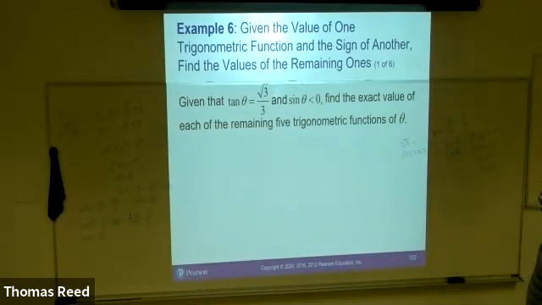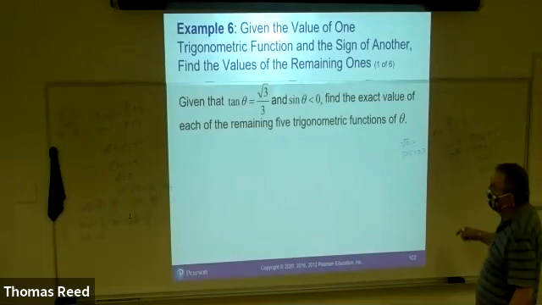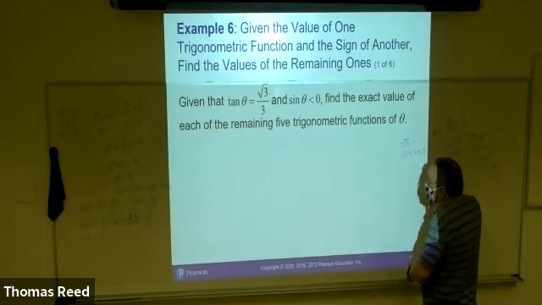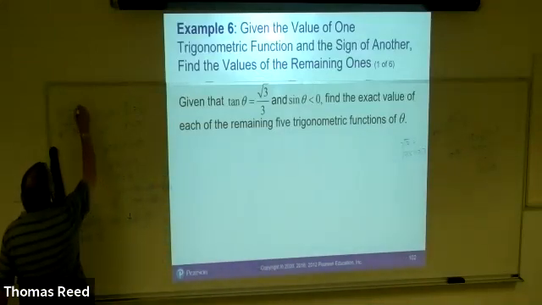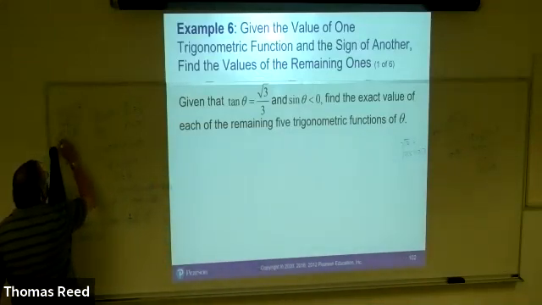Now, we want to know which quadrant we're dealing with, because now x or y or both x and y could be negative. Right, so they're saying tangent's positive. Well, tangent's positive in the first quadrant and the third quadrant.